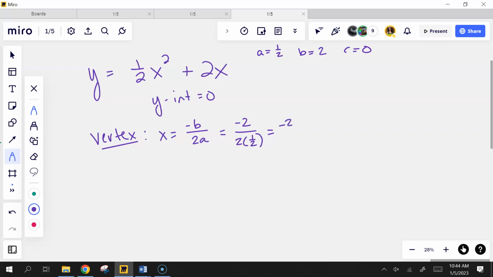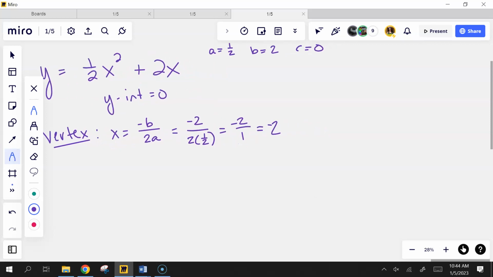So I have negative 2 over 1. Everybody good? Is that my whole vertex? No. That is only what? The x, which is also the axis of symmetry. Good job.